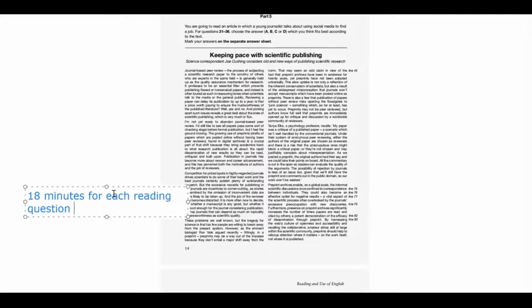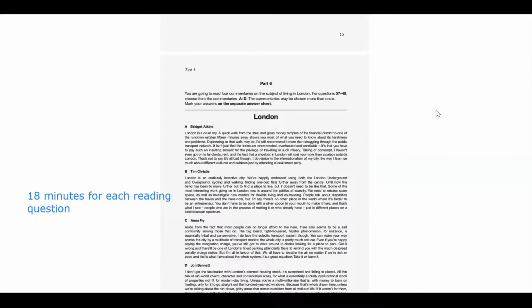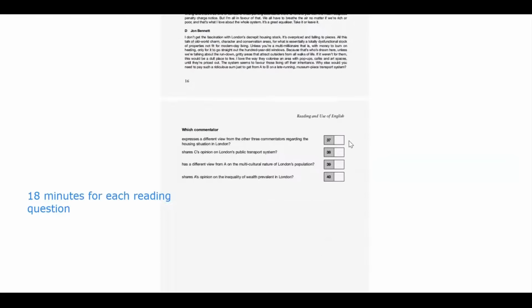We also need to consider how many points you will get for each of these reading questions. For example, in part 5, the 6 questions give you 2 points each. In other words, there are 12 points available for this part. If you look at part 6, there are only 4 questions, 2 points each, so you will only get 8 points.